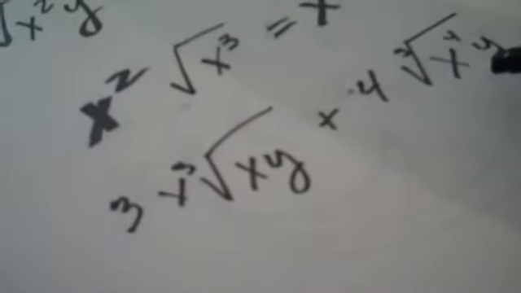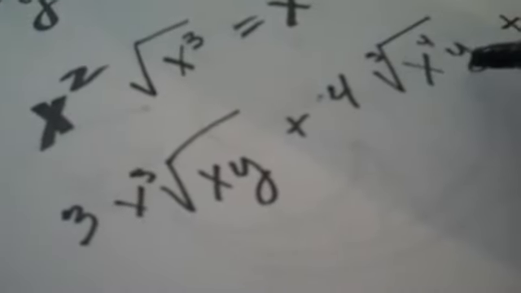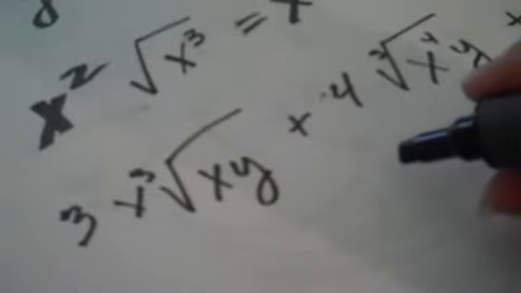So here, if I look at the second term, I see that under the radical I have x to the 4th y, and since it's the cube root of that, I can simplify this so that I have 4 cube root of x to the 3rd times x times y.